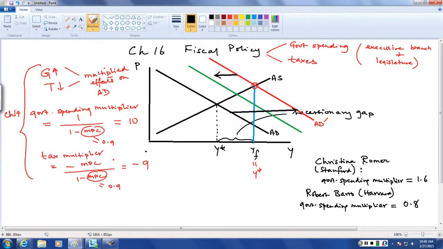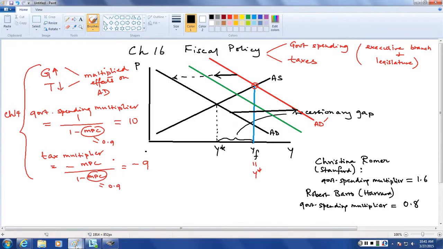So wouldn't you just simply go back from red back all the way to black? Yes, right? So you would now have a shift all the way back to square one. Am I correct? So in this case, the increase in government spending would have no impact on AD. So this is complete crowding out, right?